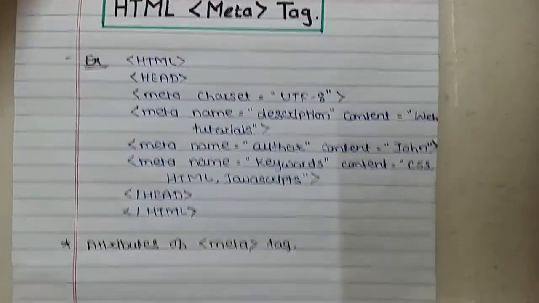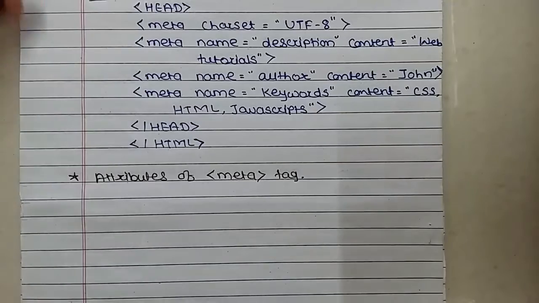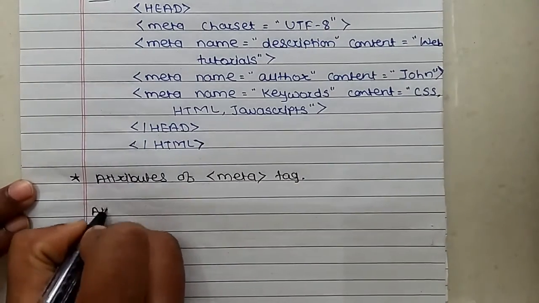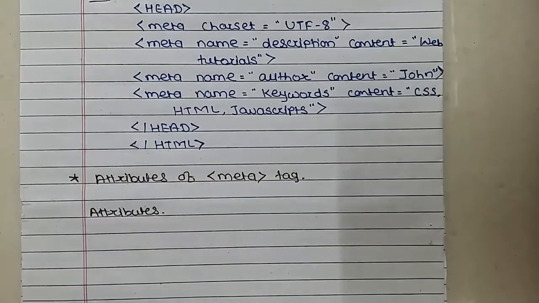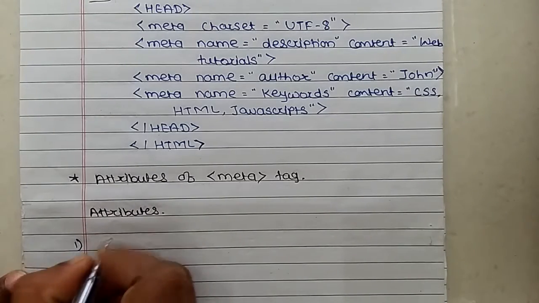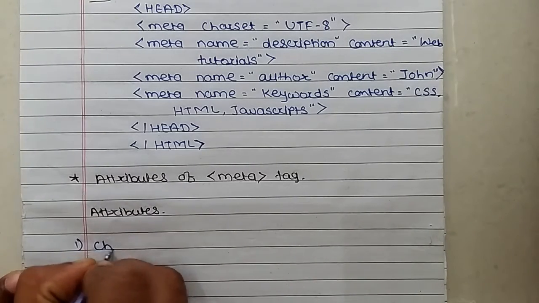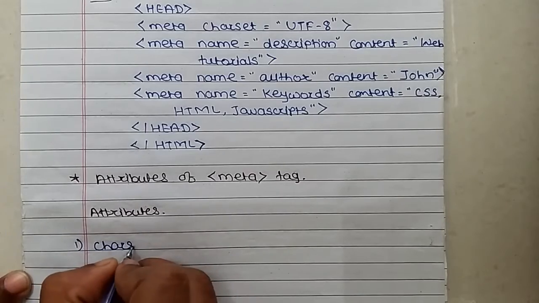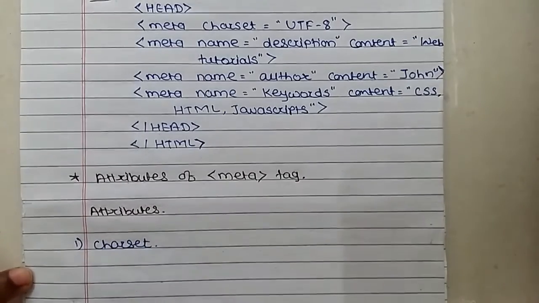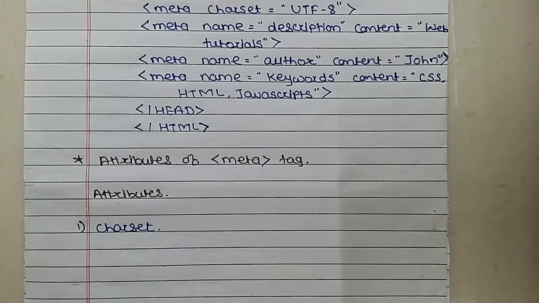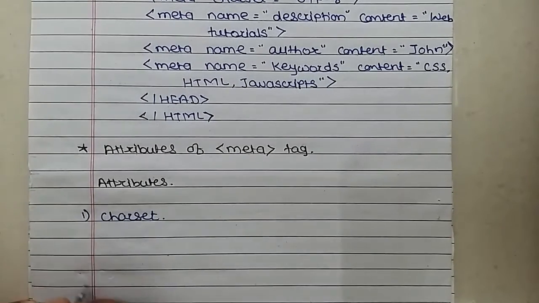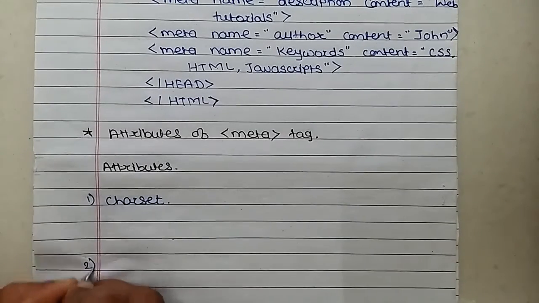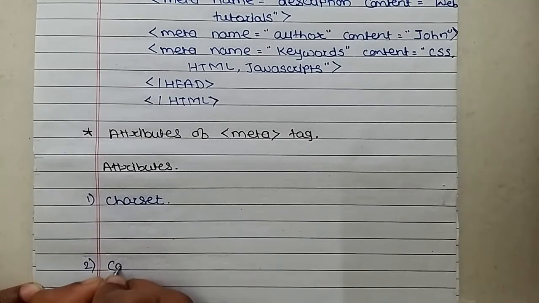The first attribute is charset. The next attribute is content.